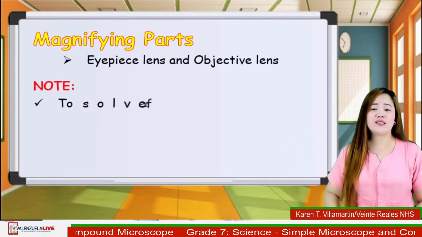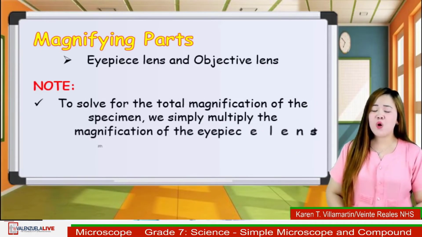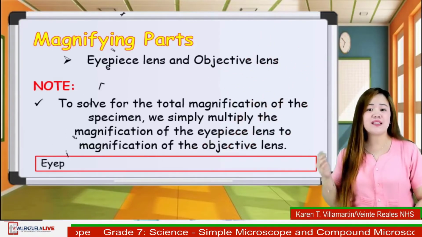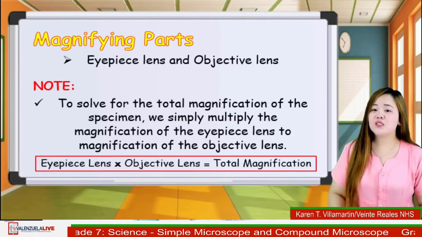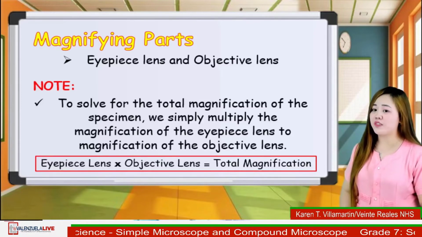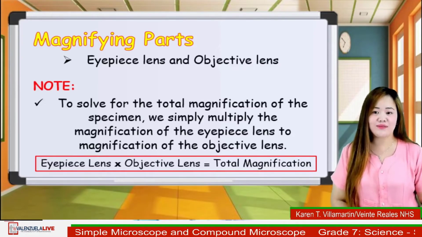Take note of this. To solve for the total magnification of the specimen, we simply multiply the magnification of the eyepiece lens to the magnification of the objective lens. So as you can see, eyepiece lens multiplied by objective lens is equal to the total magnification.